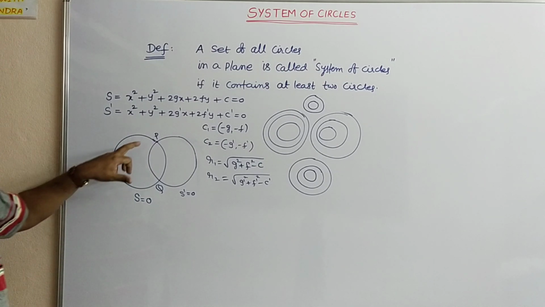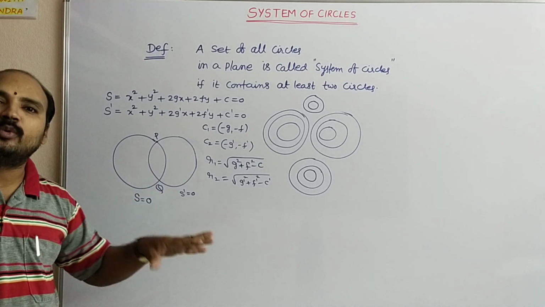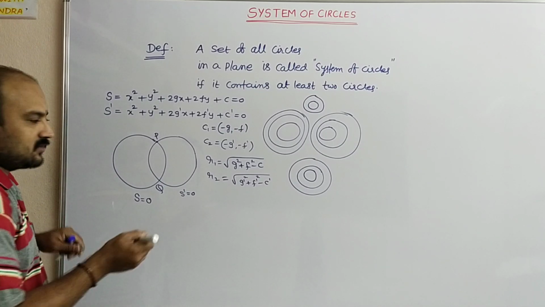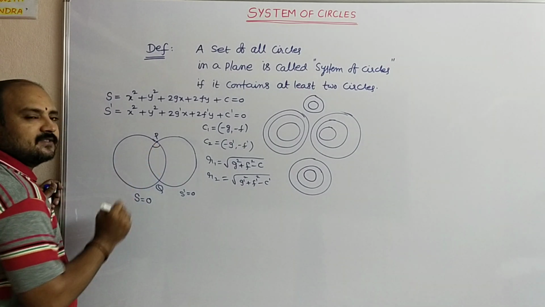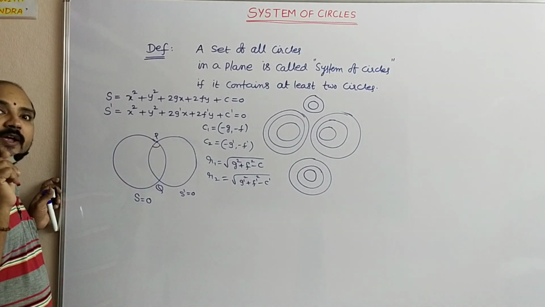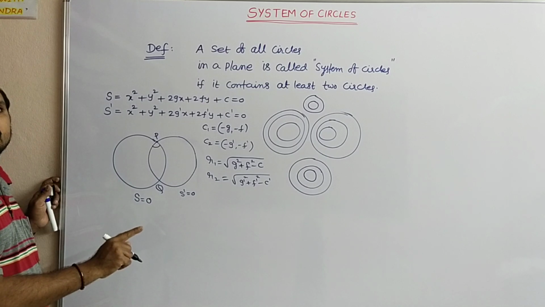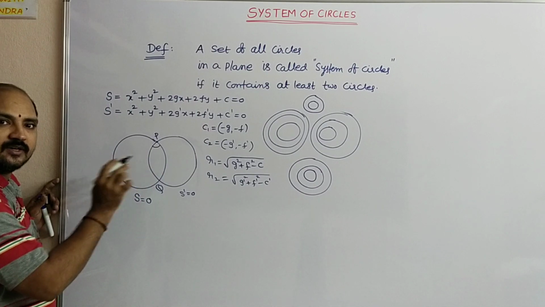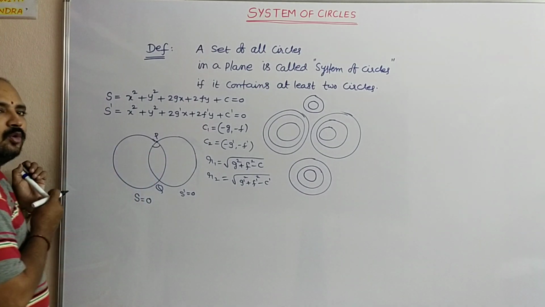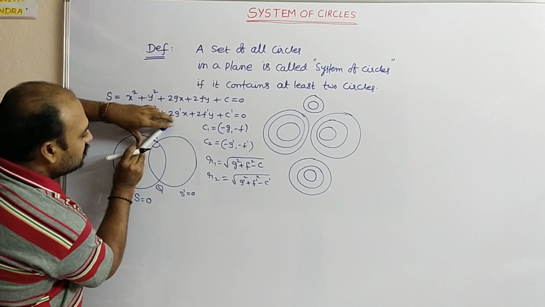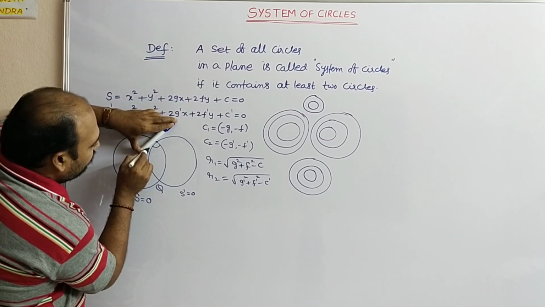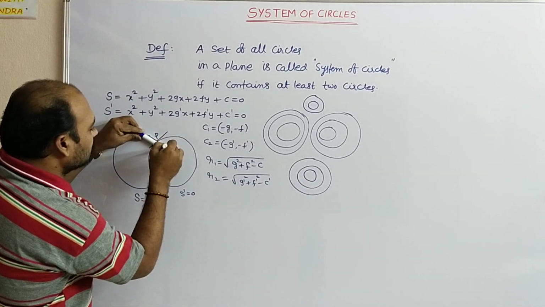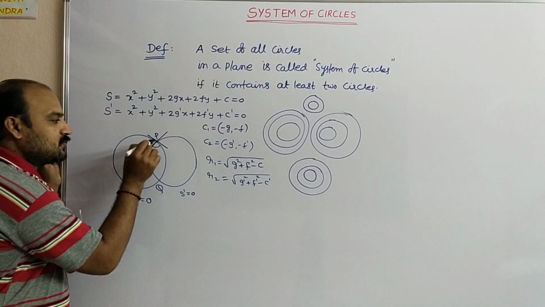These two circles intersect at the points P and Q. The angle between the two circles is defined as the angle between the two tangents at their point of intersection. See here, P and Q are the points of intersection of the two circles. At the point P, you draw one tangent, and from here also another tangent, which intersect at this point.